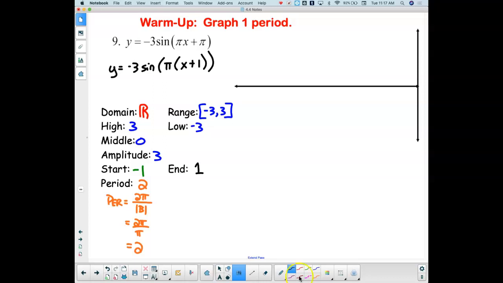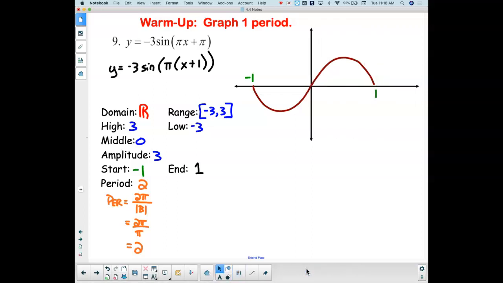Yes. Okay. Now, again, if you are the type of person that finds the 5 horizontal points first, that's fine, then fills in your curve. Or if you're the type of person that fills in your curve first and then adjusts everything else after that, that's fine also. So I know that this is -1, and that is +1, which allows me to put this right there in the middle, because the middle is at 0.